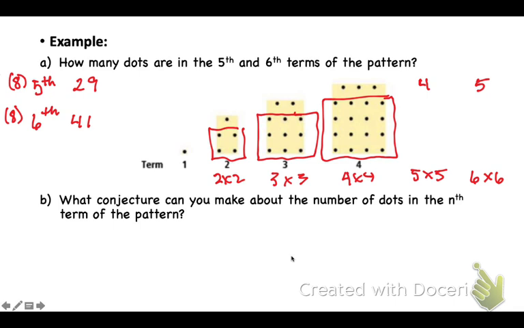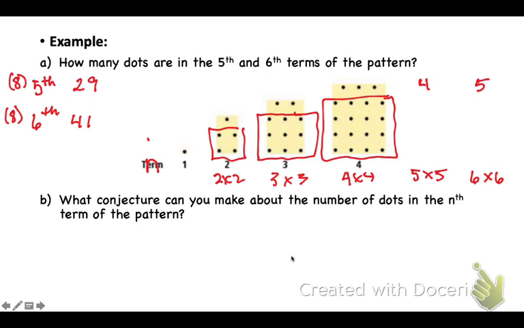Okay, so it is 29 and 41. So we need to come up with an equation. Next is what is a conjecture you can make. So I'm going to say our conjecture. I want us to write an equation. Okay? Good? So when n was 1, and n just means the number of terms, we had how many dots? 1. So this term we're going to call n.